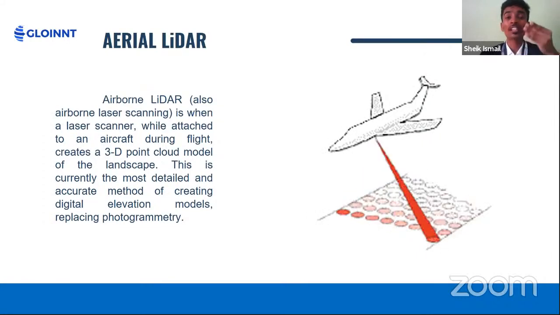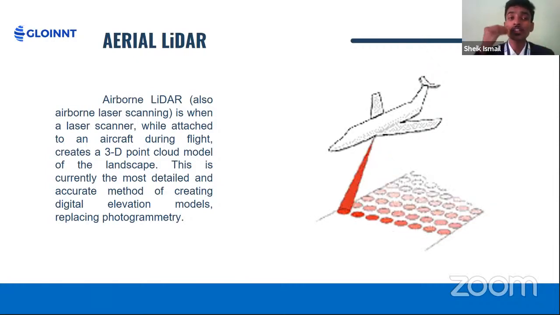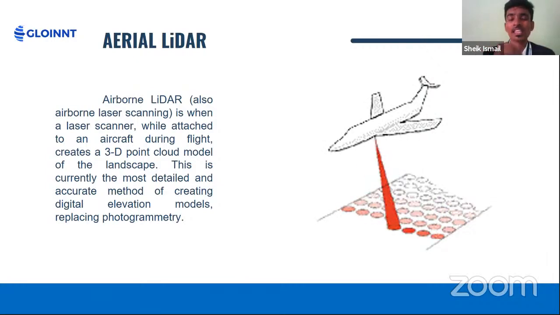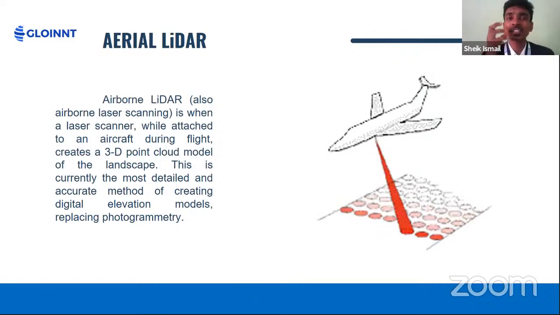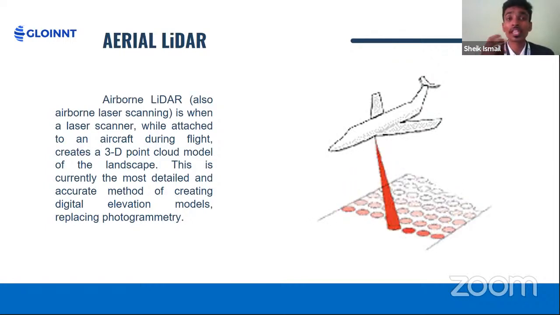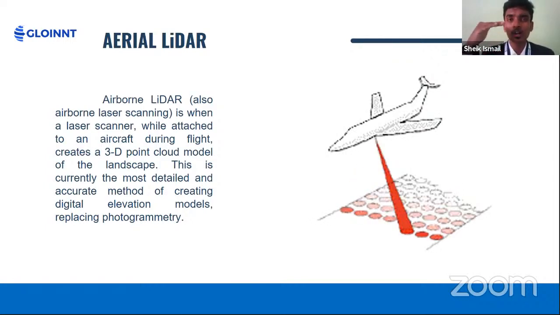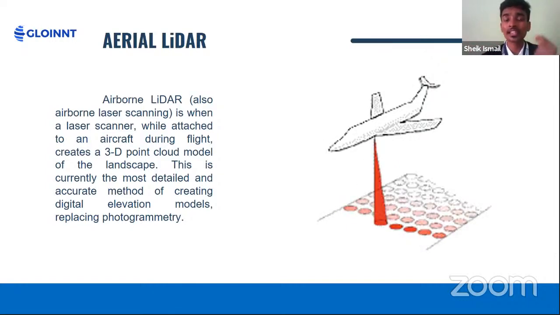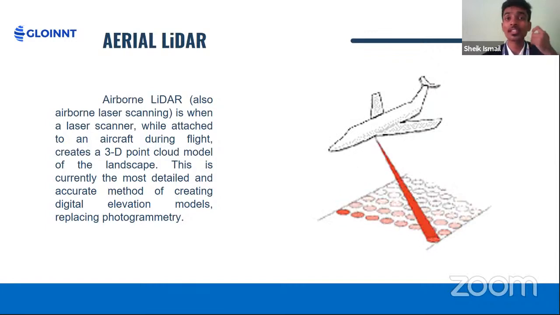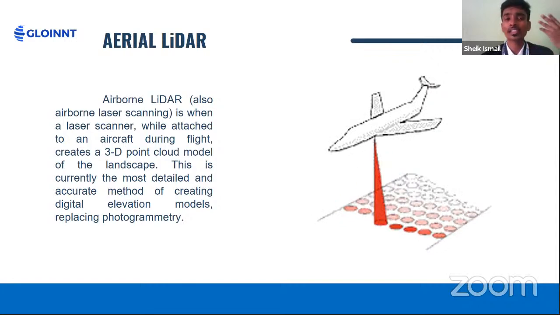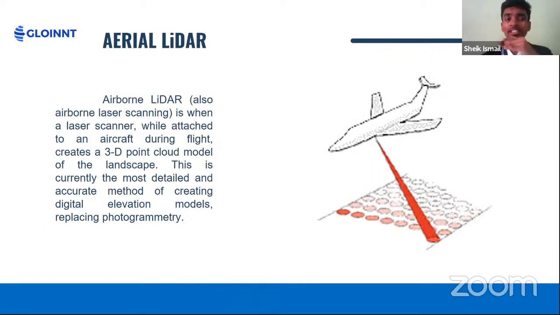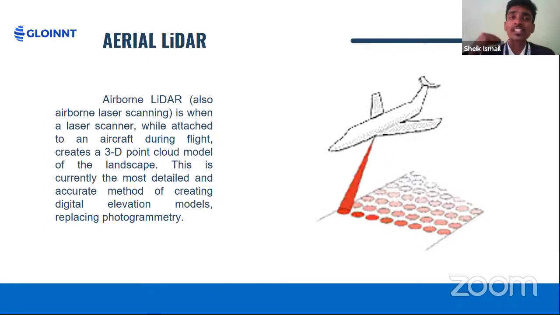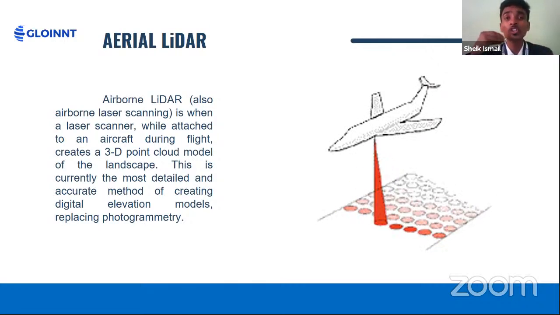It is attached to the aircraft during flight. If the lidar starts capturing the earth features from the top, that is from above the ground surface, that is an aerial platform, that is aerial lidar. Attached to the aircraft during the flight, it creates a 3D point cloud model.